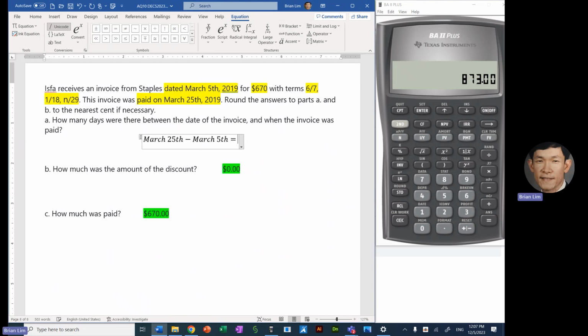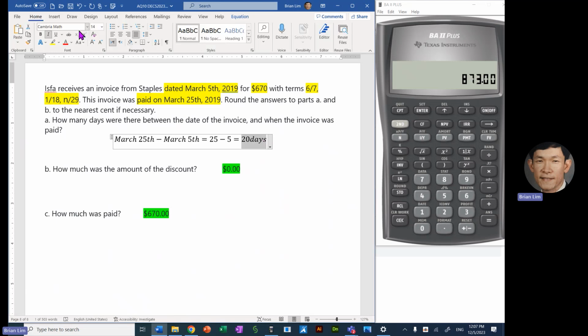And then we could put it in numerical expression as 25 minus 5, and that gives us 20 days. And then we bold the 20 days. So 20 days passed before the invoice was paid.